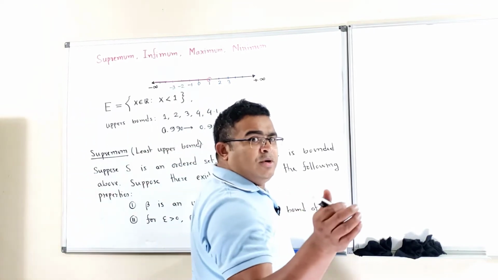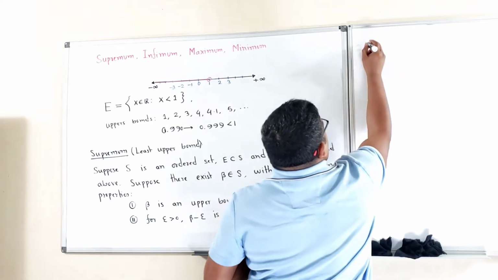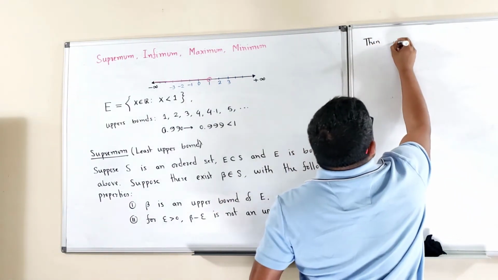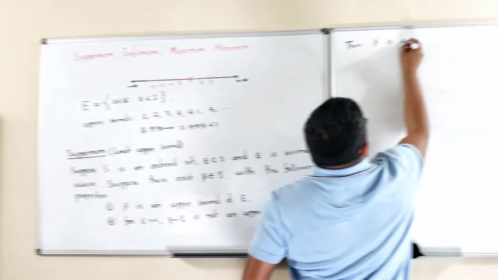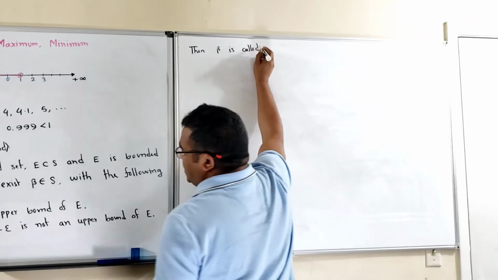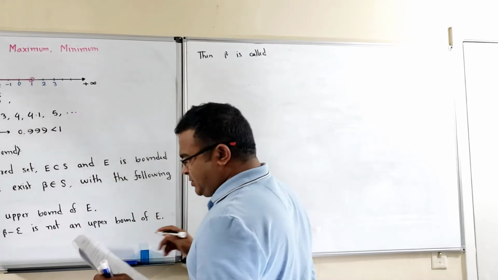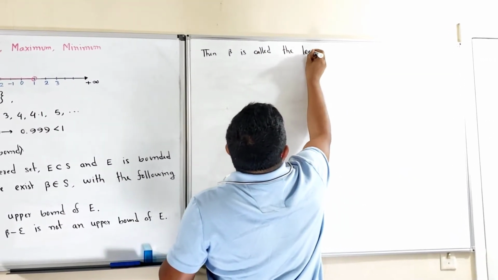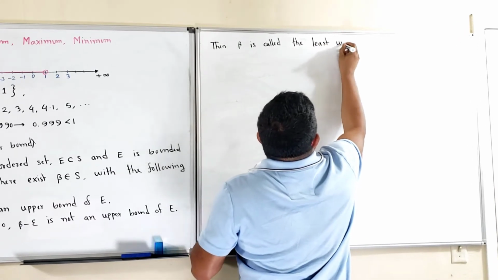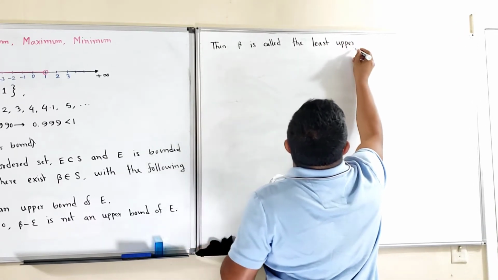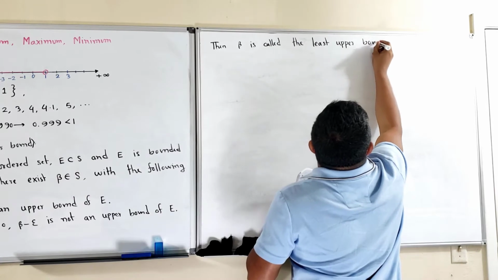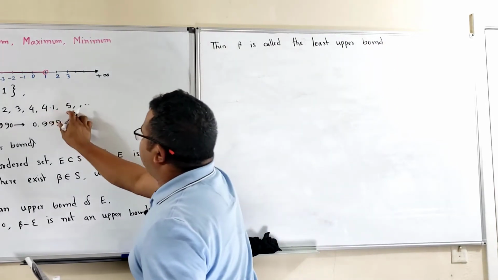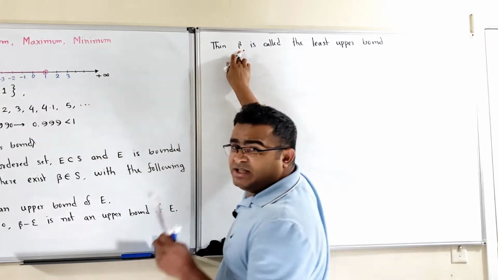Then this beta is called the least upper bound, that means among all of these upper bounds, this is the least one.